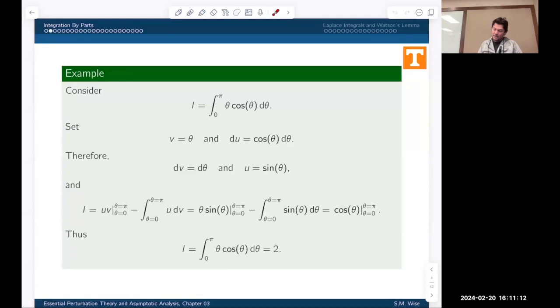Let's see, is that right? Did I get the right sign on that? Cosine... yeah, minus 1 minus 1, right? Minus 2. There should be a minus sign there. Okay.